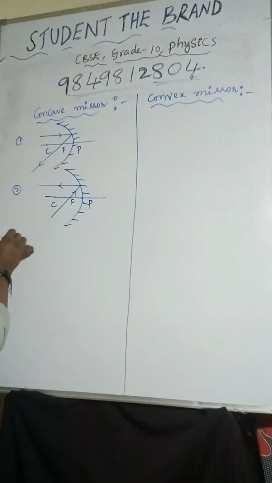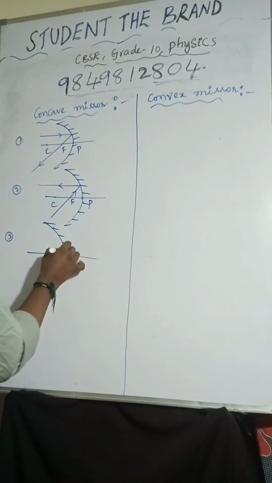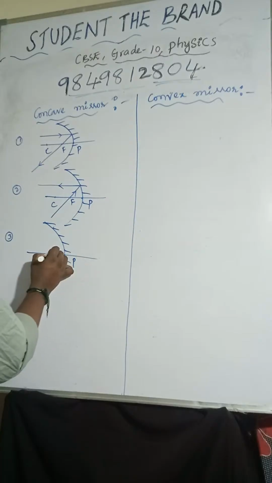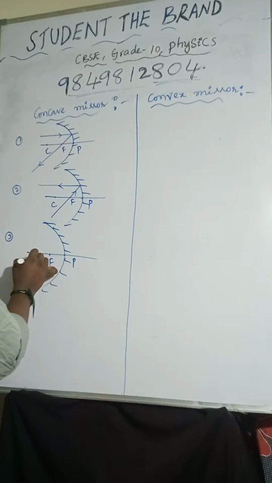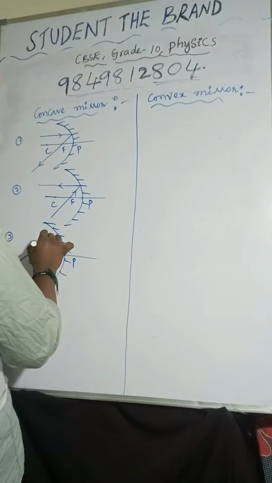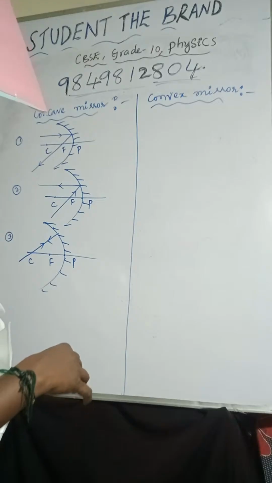Coming to the third one, the light ray is passing through the center of curvature. After reflection, it retraces its original path.